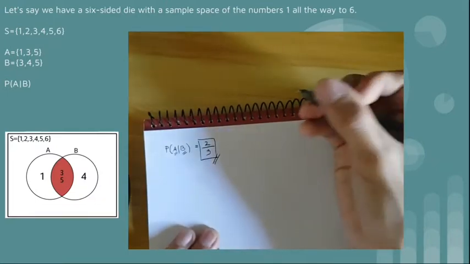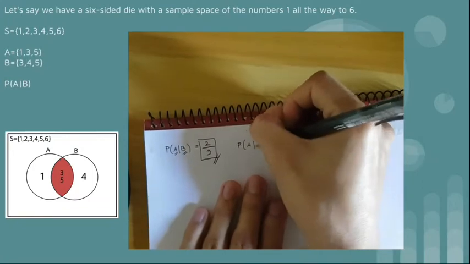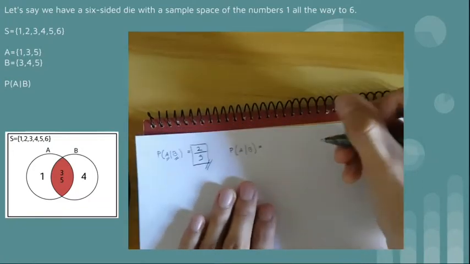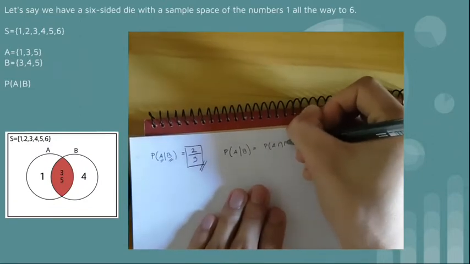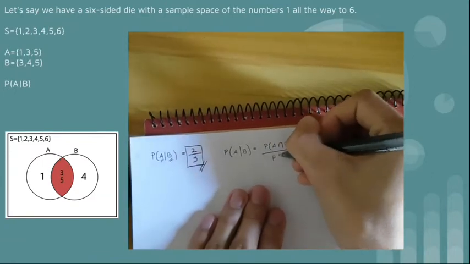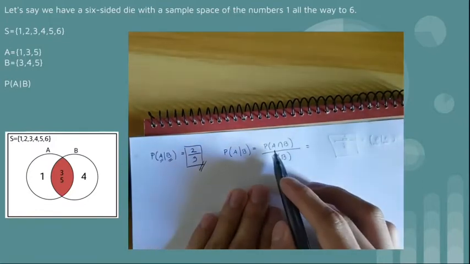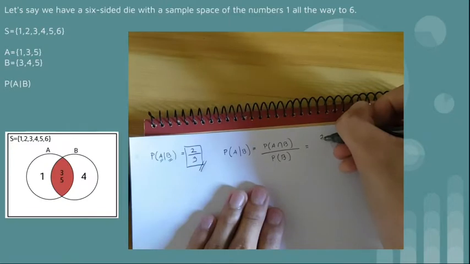So, if we were going to use the formula, probability of A given B is equal sa probability of A intersection B over probability of B. So, 2 over 6, di ba?